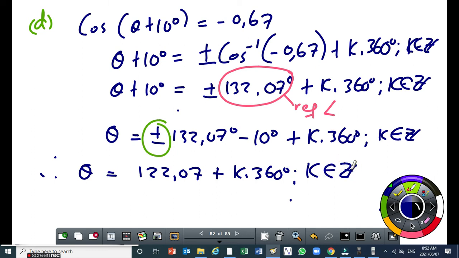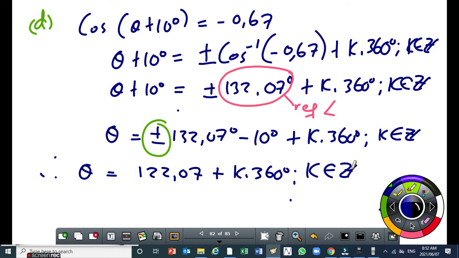That's the first one. The way that you have to do this question here is slightly different from the one where you only have theta. Here you've got that theta plus 10. So you have to split this up into two, and then you get your two general solutions. Yes. Why is it negative?